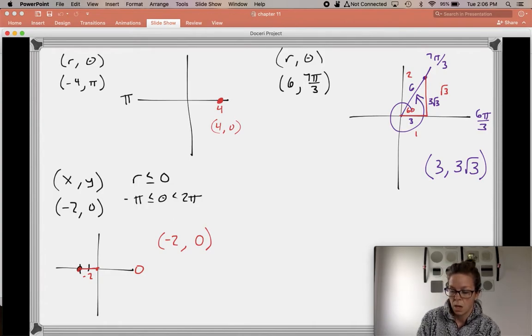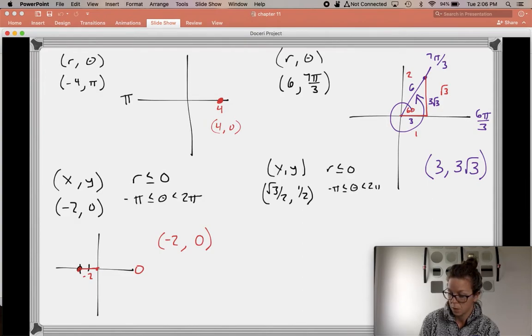Okay. One more of these. Let's say that my x comma y point is square root of 3 over 2 comma 1/2. Once again, I want r to be negative, and we're going to use that same restriction. So we're going to say between negative pi and 2 pi for theta.